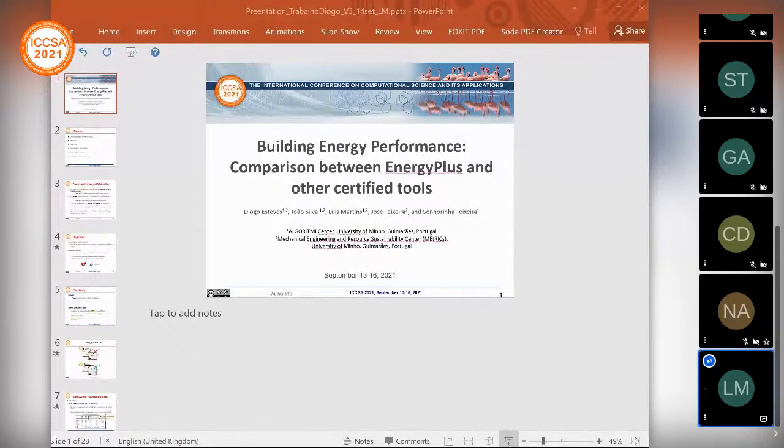And in summer, usually you have to cool the building to maintain it at comfort stage, which is usually considered 25 degrees Celsius and relative humidity of 50%. In this case, for all three tools, we use the same building and the same materials and construction.